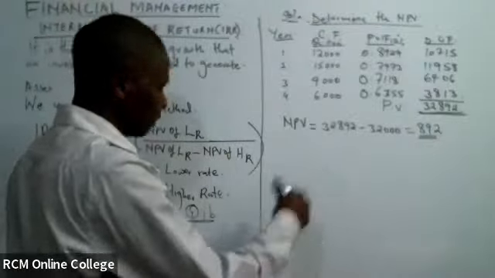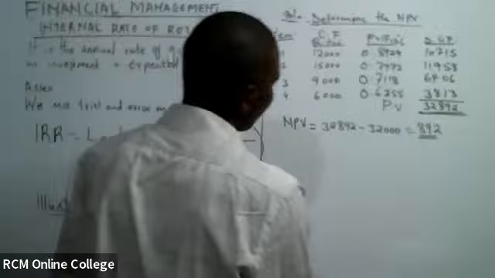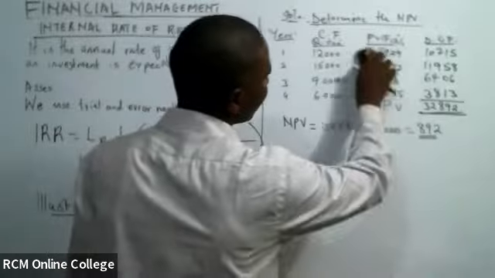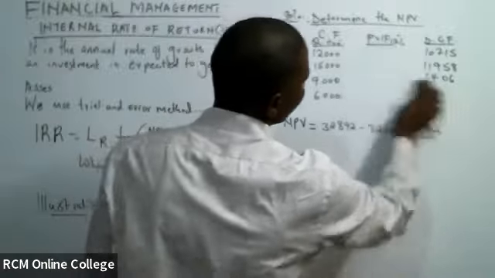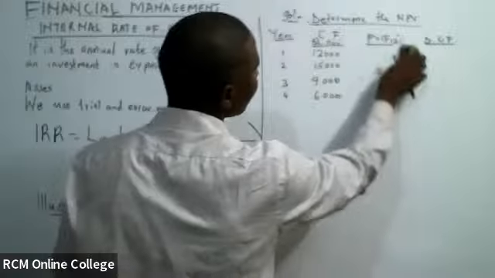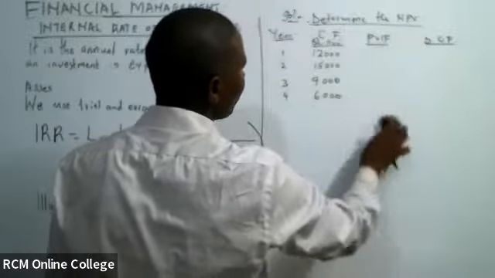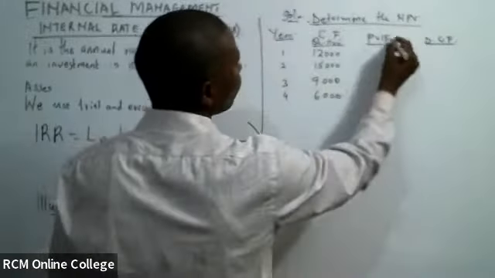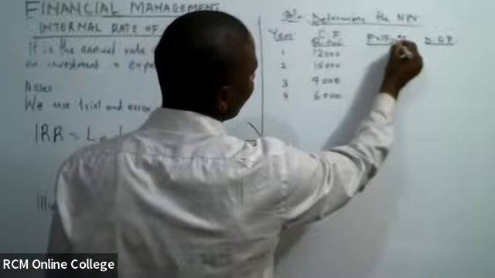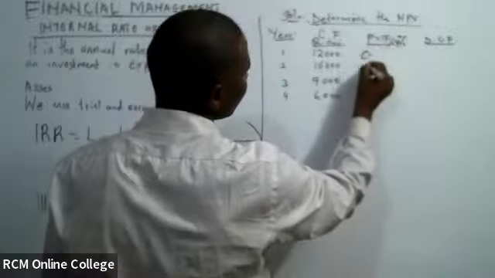So let's double that. I will not repeat the whole of this. I will just eliminate all this, and then I double my 12 to be 24. So for you, you have to have another one.